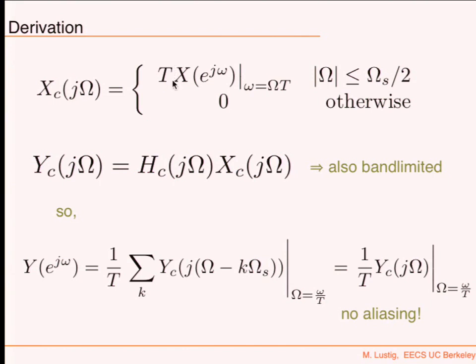If you remember in the reconstruction filter, the low-pass filter had a magnitude of capital T. So it's capital T times X e to the j omega, where omega is capital omega times T. And that is only true if your capital omega is between minus omega s over 2 and omega s over 2. Okay? So it's band limited. Okay? Can I move on? Yeah?